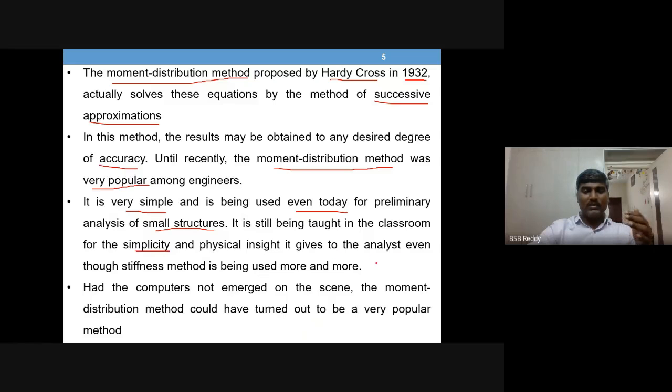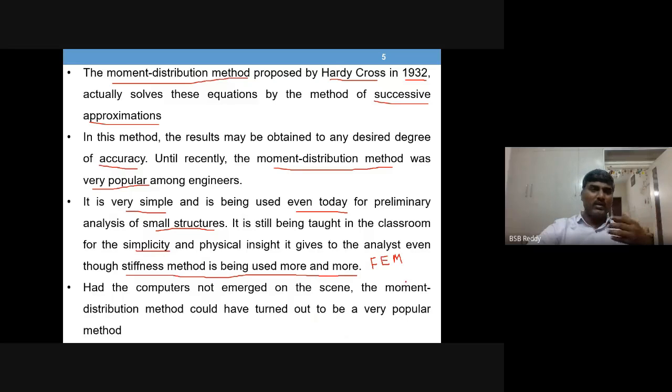It is still being taught in the classroom for the simplicity and physical insight it gives the analyst, even though the stiffness method is available today. And in recent times, even the stiffness method is being replaced by the finite element method, FEM.